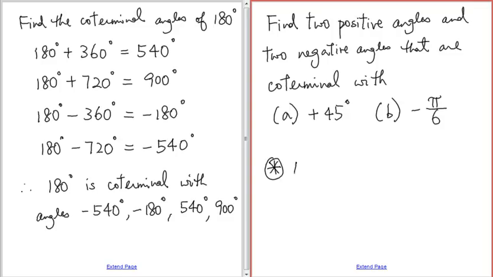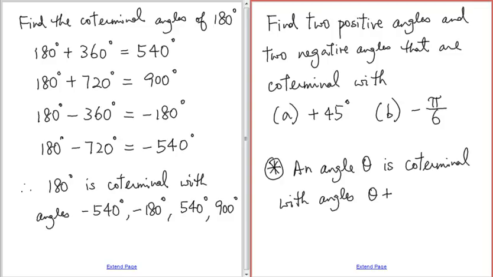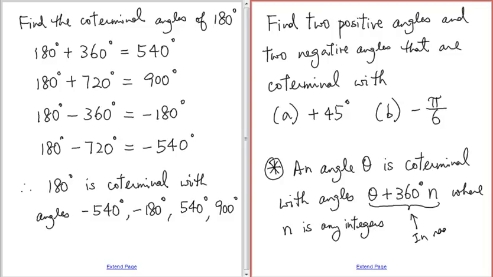So indeed, we could tell an angle theta is coterminal with angles theta plus 360° n, where n is any integer. Or for this, if this is in radians, then how are we going to say that?